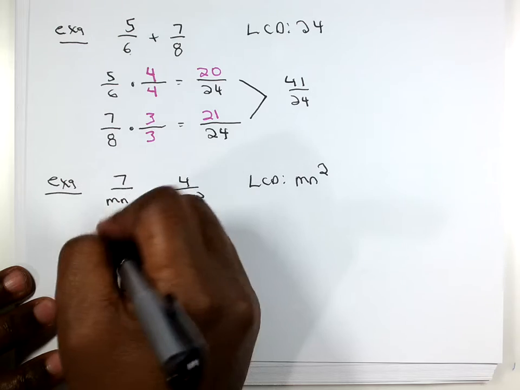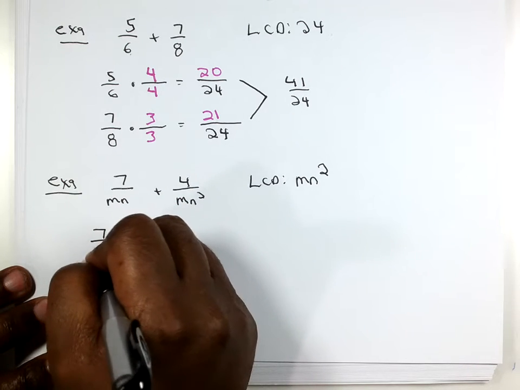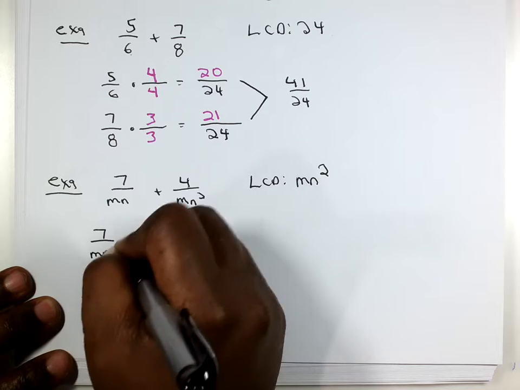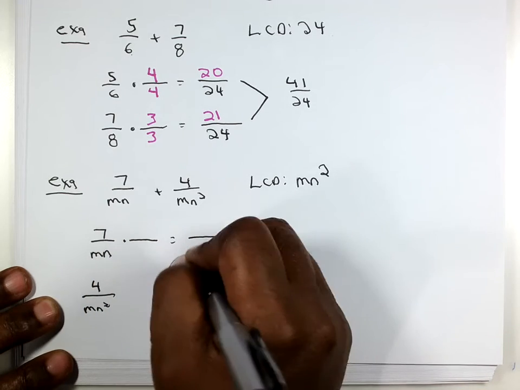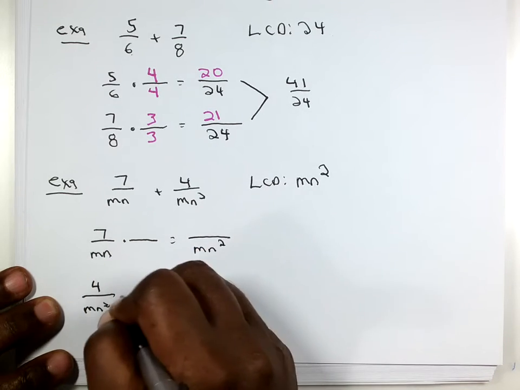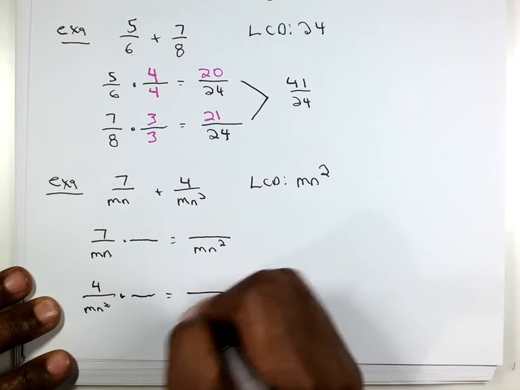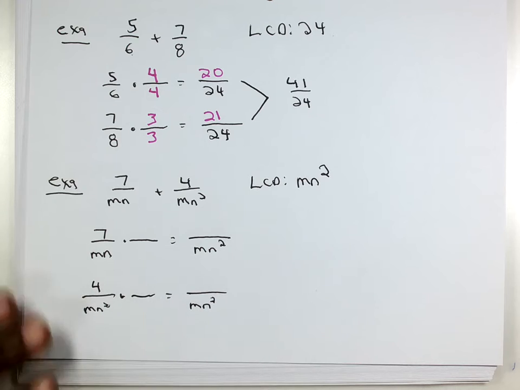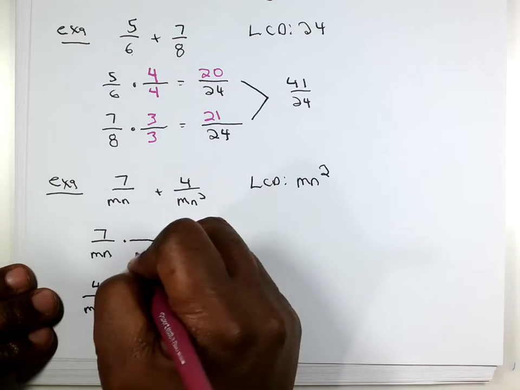Then I'm going to do the same thing vertically. 7 over mn plus 4 over mn squared. And we said the LCD is mn squared. So what am I missing for this first one? Well, I have the m and I have one n, but I need another one.